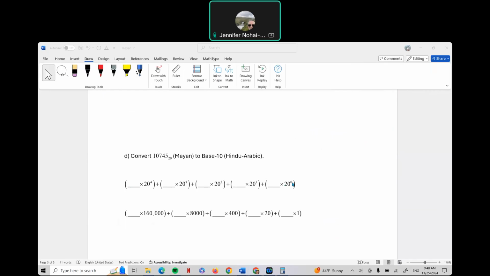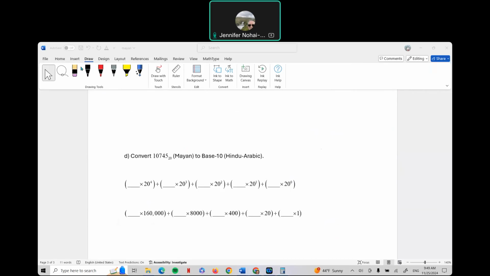And then we see from right to left, we start with 0 power, 1 power, 2, 3, 4, etc. And so any base that you want to convert from that base to base 10 Hindu Arabic, you can use this same idea. Below, I just have those numbers multiplied out. So 20 to the 0 is 1, 20 to the 1 is 20, 20 to the 2, 400, 20 to the 3, 8,000, and 20 to the 4, 160,000. So if you need to use that line because it's easier for you on the calculator, whatever your base is, go ahead and expand on those.